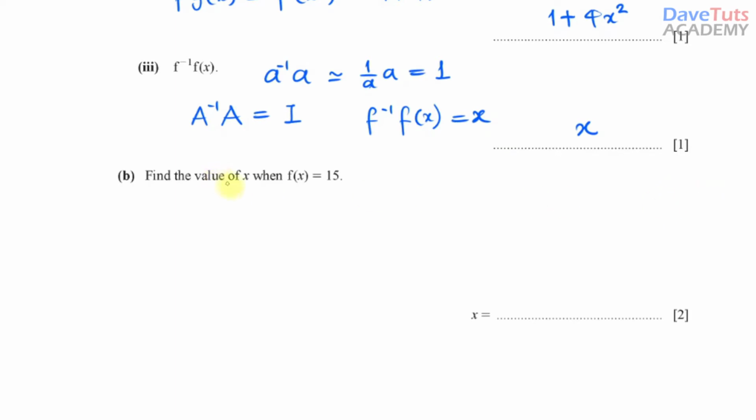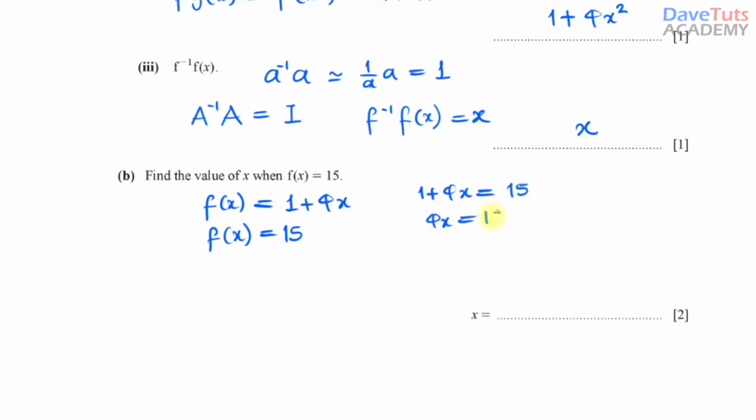Now in this case, we have to find the value of x when f of x is 15, and recall that originally we are told that f of x is 1 plus 4x. Now we are told that f of x is nothing but 15. So now we have to find the value of x. This implies that 1 plus 4x is equal to 15, so that 4x will be 15 minus 1 if we subtract 1 from both sides.